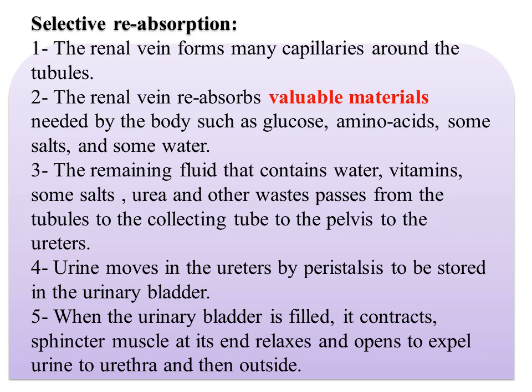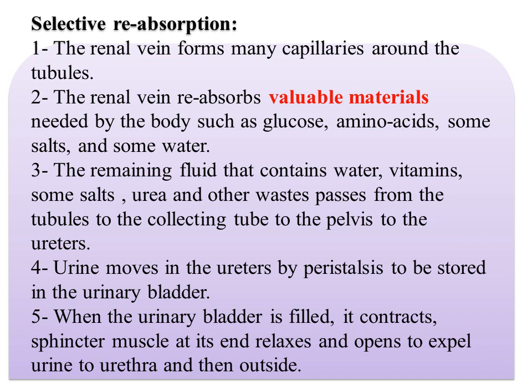The remaining fluid that contains excess water, vitamins, excess salts, urea, and other wastes passes from the tubules of the nephron to the collecting duct, then to the pelvis of the kidney, then to the ureter, to outside the body.